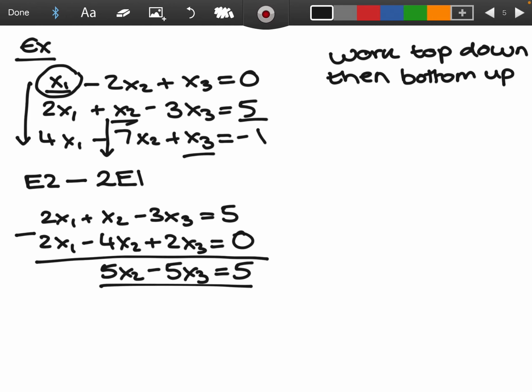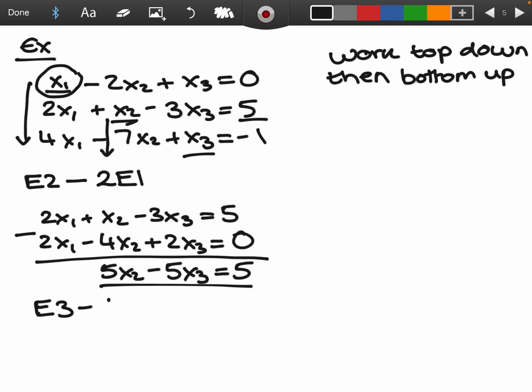Now let's look at the third equation. I want to get rid of x1 from my third equation. I need to only have x1 in my first equation. So I'm going to do equation 3 minus how many multiples of my first equation? Well, I've got a 4x1 here, and I know I need to get rid of x1.